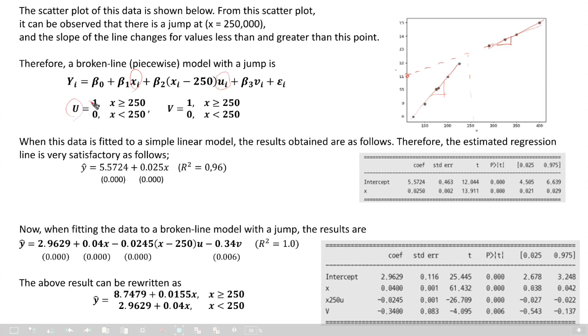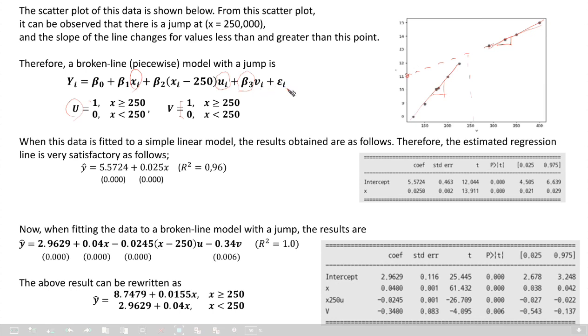It takes 1 if x is greater than or equal to 250, and u equals 0 if x is less than 250. And another term here, beta 3 v, where v is also a dummy variable. So I think you understand why the dummy variable is very useful in these cases.